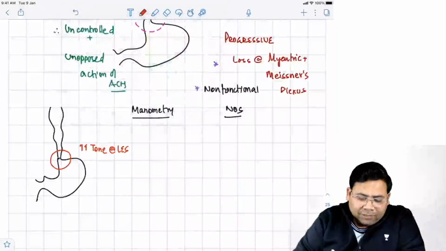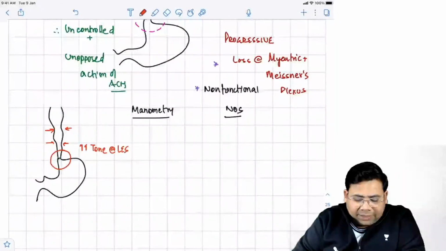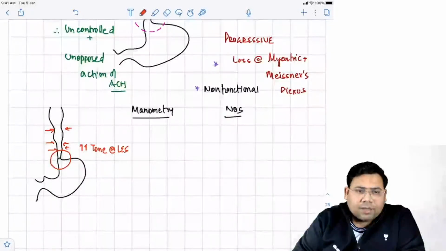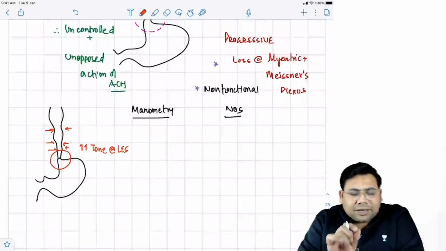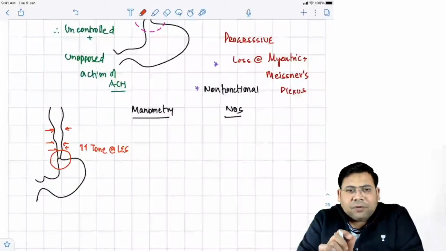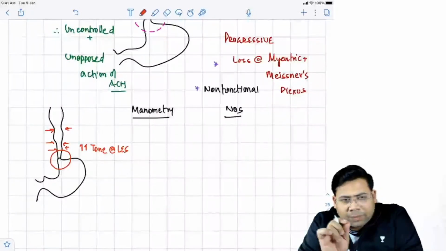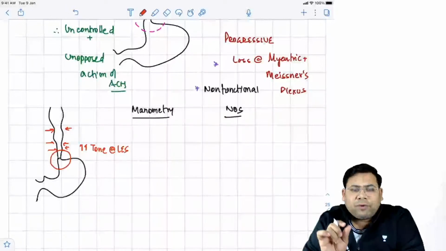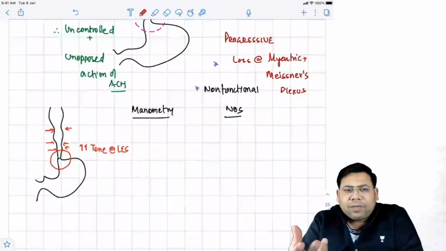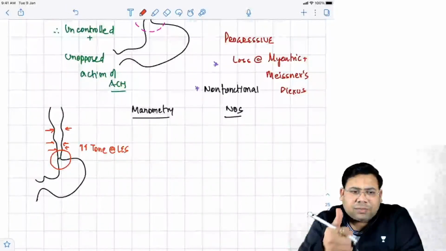This is because of the acetylcholine which is acting. Since it is progressive and starts from the lower end, you get typical tapering towards the lower end on barium, the bird beak appearance. So increased tone of the LES, point number one.